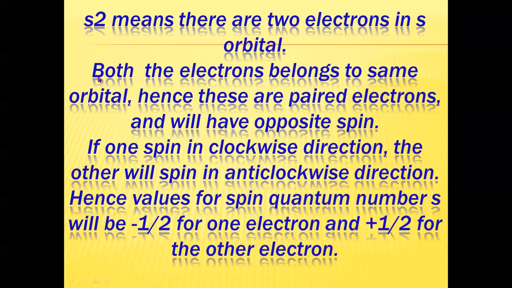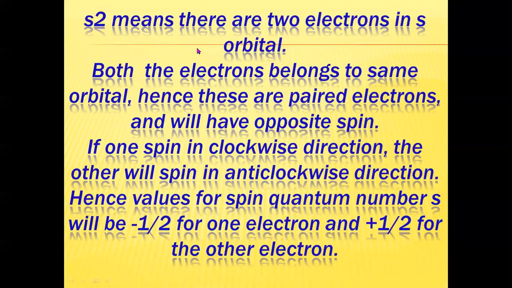So in total, there are 2 electrons in the 4s orbital. From that example, we can say that both electrons belong to the fourth energy level. In that, the sub energy level is s, and the orbital is also the s orbital.